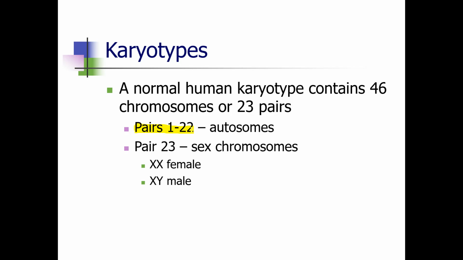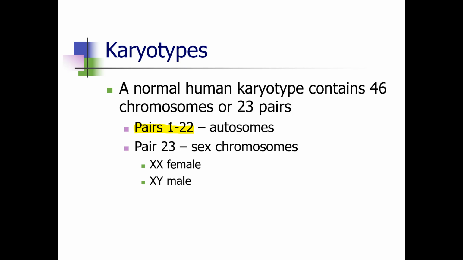If it's autosomal, that means that the genes that determine that trait are somewhere on chromosome pairs 1 through 22. What's significant about autosomes is that everyone, whether you're male or female, should get 2 copies of the same chromosome. 2 number 1s, 2 number 2s, they're the same size, they have the same genetic information. So everyone's getting a copy from mom and a copy from dad of the same chromosome.